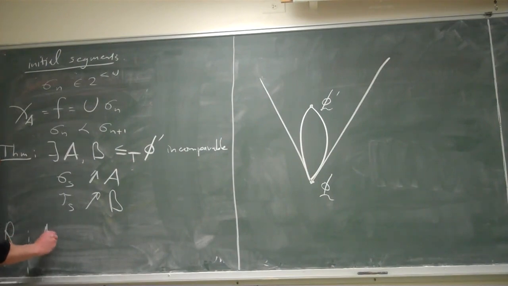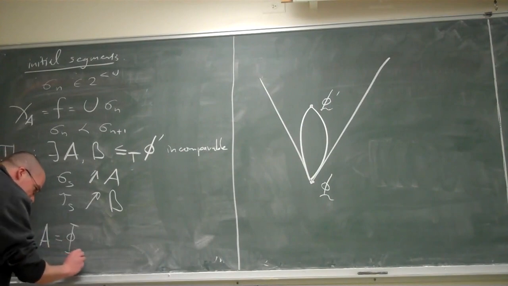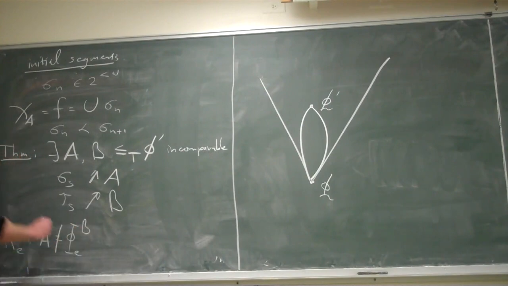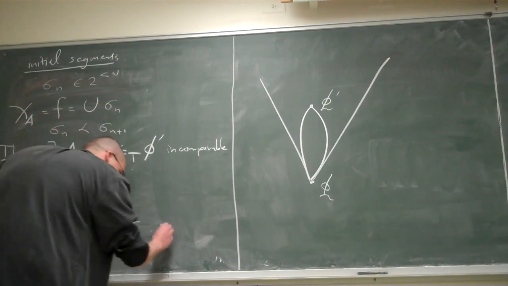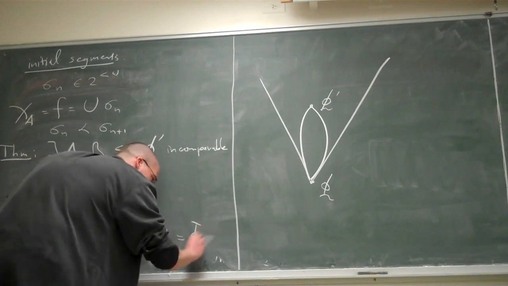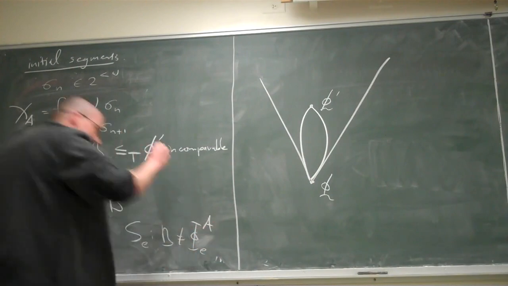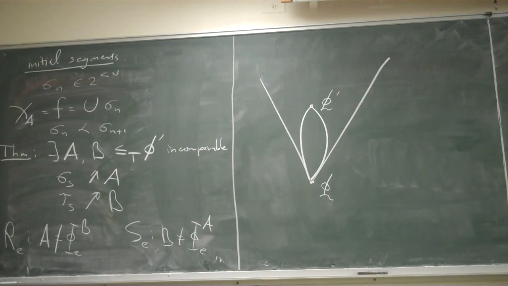R_e, which says that the eth Turing functional does not compute A using B. And S_e, which says that the eth Turing functional does not compute B when it uses A as an oracle.